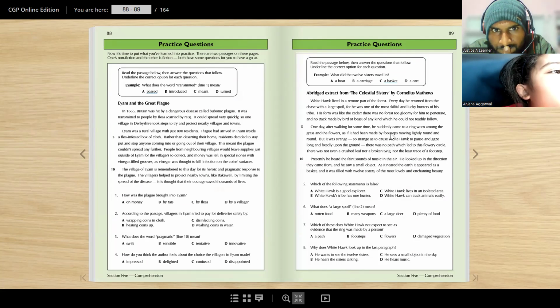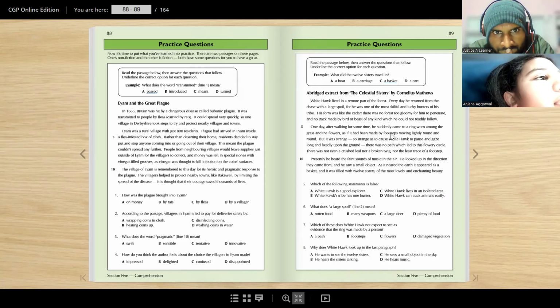Okay. So, Eyam and the Great Plague. In 1665, Britain was hit by a dangerous disease called bubonic plague.